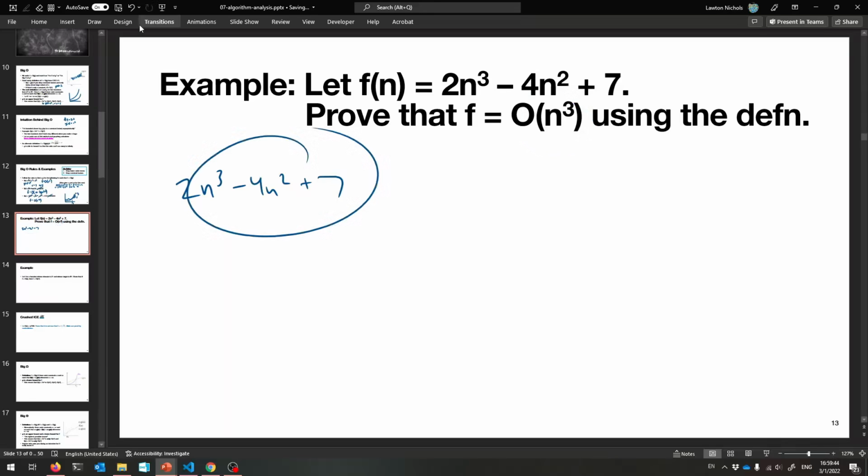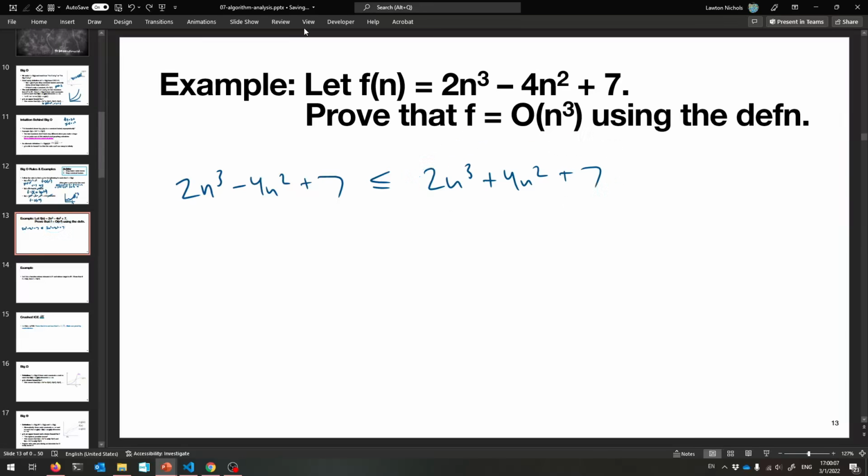We need to find a function that's bigger than this, that looks kind of like it, okay? So this is always the case that this is less than or equal to, well, this was minus, let's make it a plus. 2n cubed plus 4n squared plus 7. This is always true, right? Always.